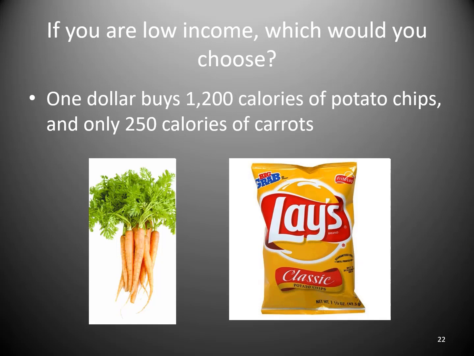If you're low income, if you have a limited amount of money to spend, what are you going to choose to fill yourself up and your family? $1 gets you 1,200 calories of chips, but only 250 calories of carrots. Right? $1 will get you 200 calories of fruit juice, but 900 calories of soda. And so if you have limited money, limited resources, and you and your family need to eat, it's not really much of a choice, right?